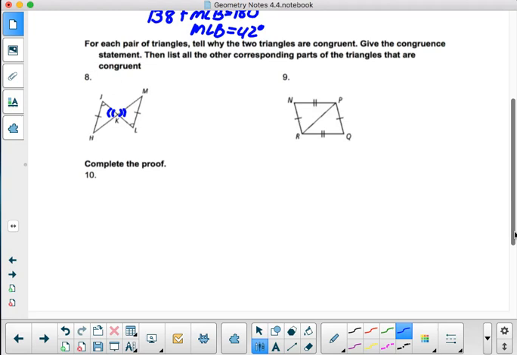The vertical angle theorem helps me find that triangle HJK is congruent to triangle MLK, and that is because of angle, side.